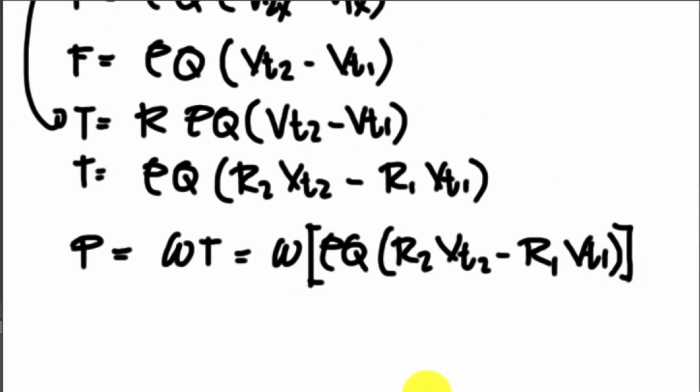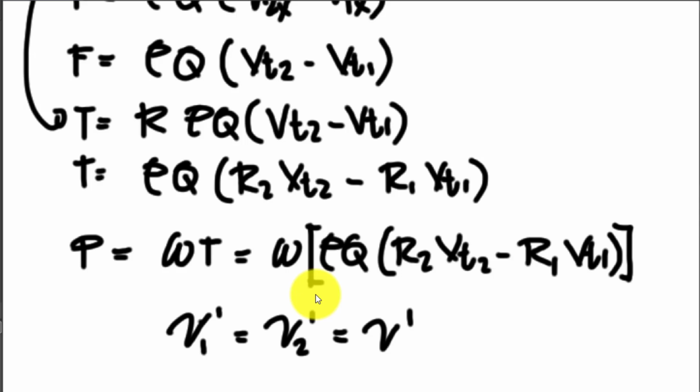Now, the angular velocity, or let's say the velocity of the vane, v1 prime, which is equal to velocity 2 prime, is equal to your velocity prime. So that will be the velocity of your vane, the peripheral or circumferential speed of the vane, no?